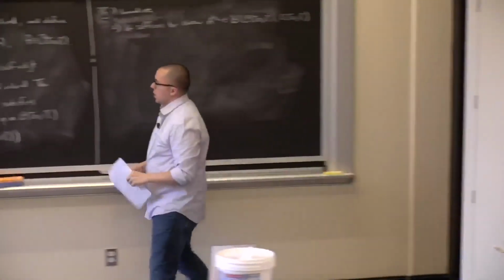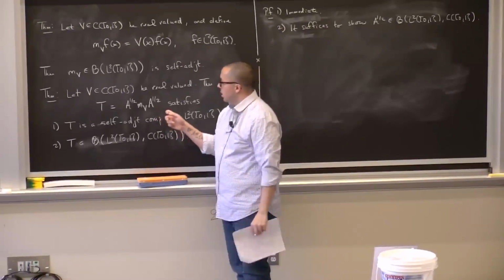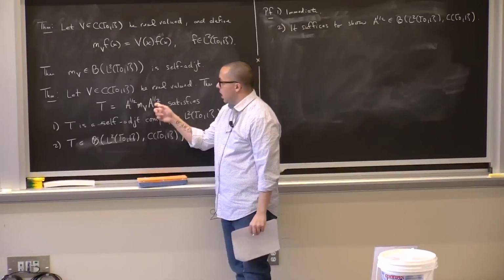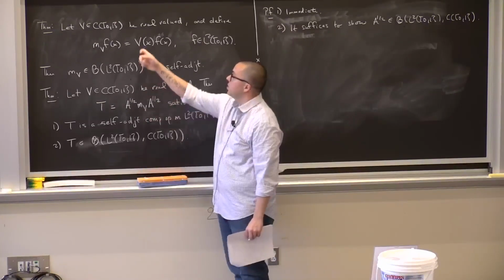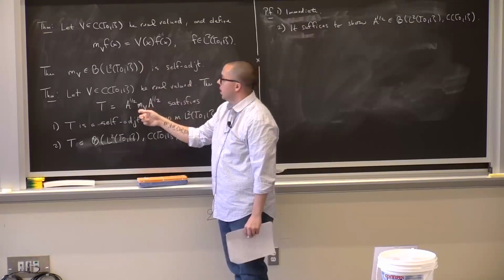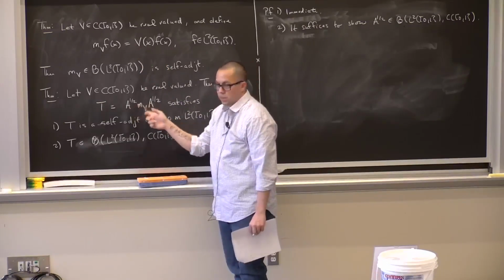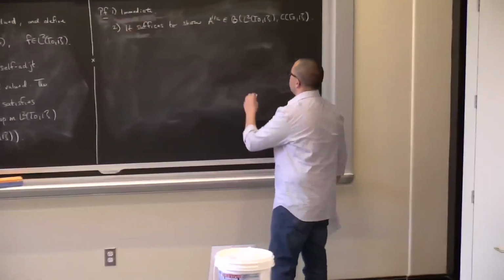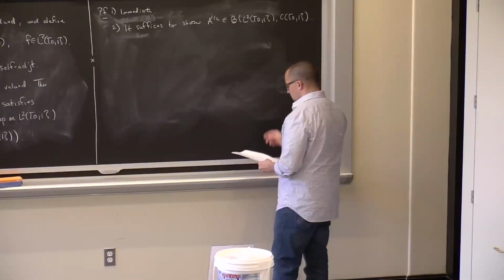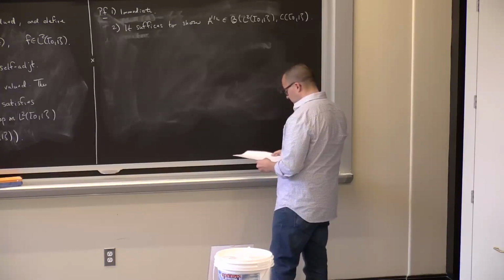Why is that? Because if I take an L2 function and feed it into this operator T, then A to the 1/2 would be a continuous function. Multiplication by b will be a continuous function again, because b is continuous. And then A to the 1/2 applied to a continuous function again spits out a continuous function. So it suffices to show that A to the 1/2 is a bounded linear operator from L2 to continuous functions.